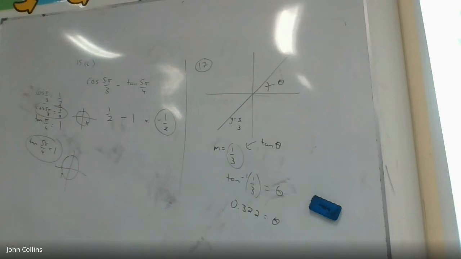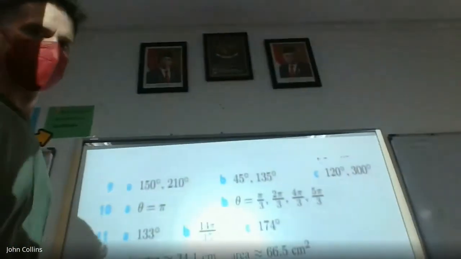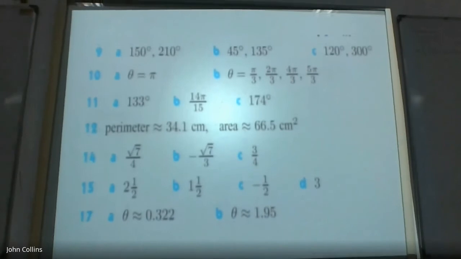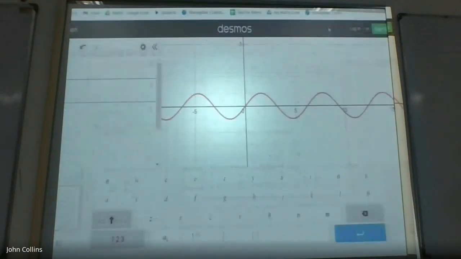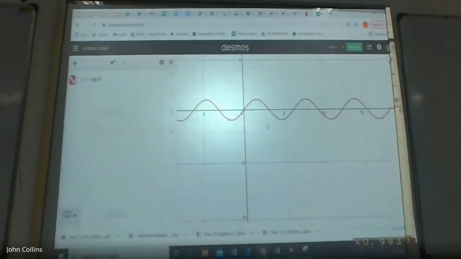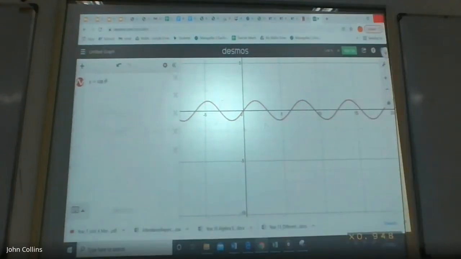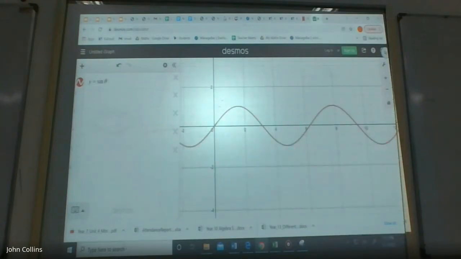Okay, let's take a look at some functions. All right, so we've got the general sine function in Desmos here.